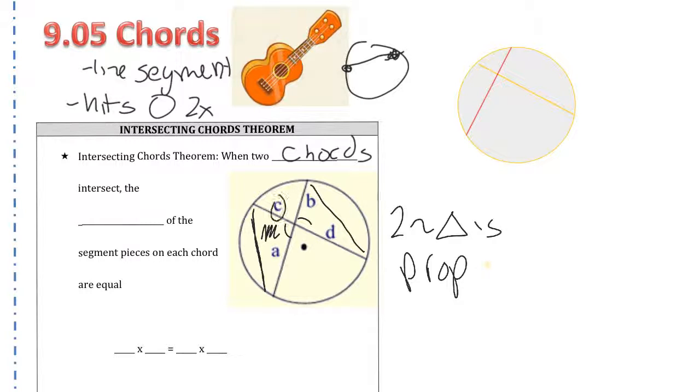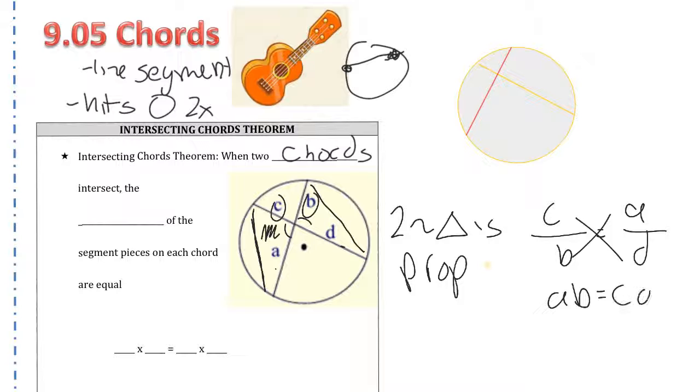So the matching pieces are C matches up with B equals A matches up with D. And if I was going to cross multiply, I get A times B equals C times D. And now there's actually a shortcut, because if I look at my final answer, all it's saying is C times D, which is just the two pieces of that one line being multiplied, equal A times B, the two pieces of the other line.